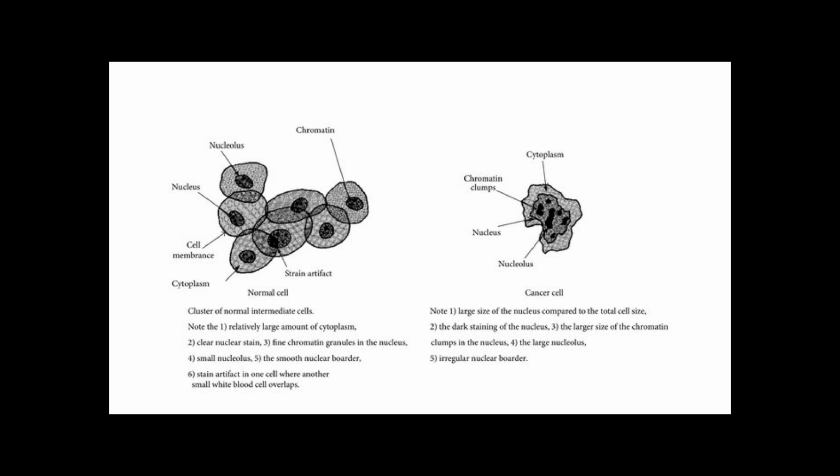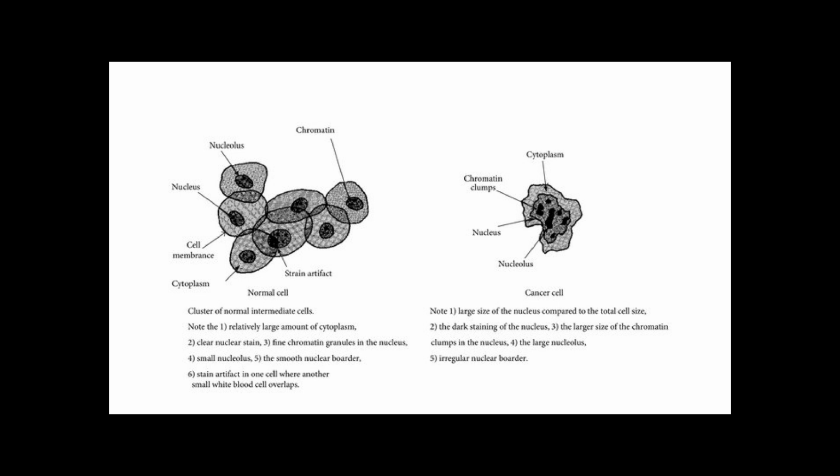Normal cells have a relatively large amount of cytoplasm, clear nucleus stain, fine chromatin granules in the nucleus, a smaller nucleolus, and a smooth nuclear border. There is a stain artifact in one cell where another smaller white blood cell overlaps, right?